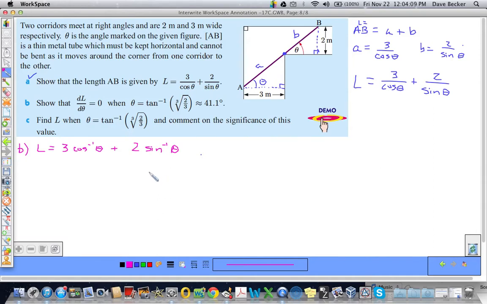Okay? So if I take the derivative of that, I'm going to use the chain rule. The outside function is the exponent negative 1. So this becomes negative 3 cosine to the negative 2 theta.